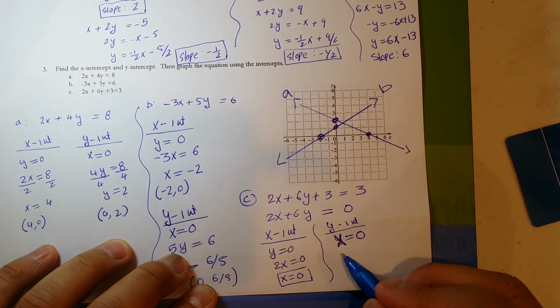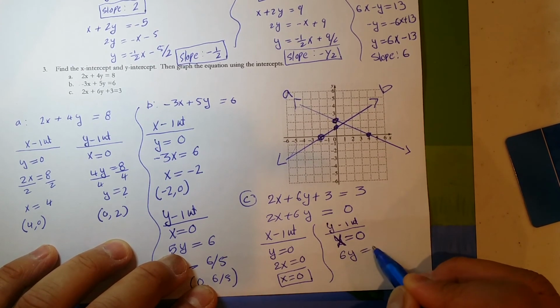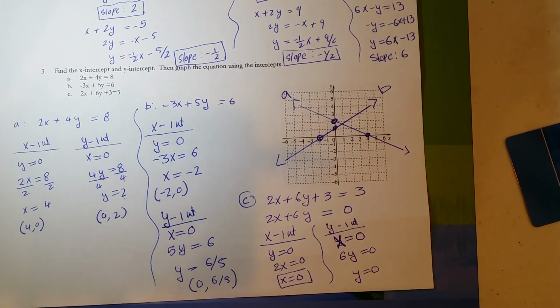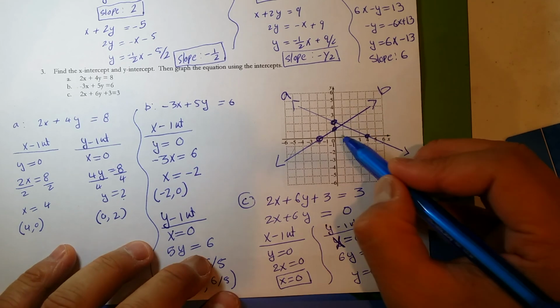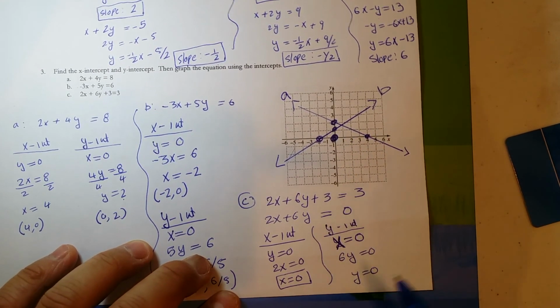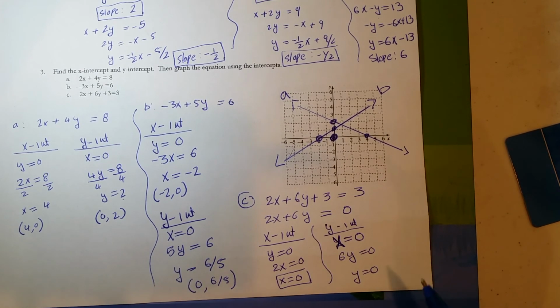You have 6y equals 0. So y equals 0. So this is one of the problems where graphing using the x and the y-intercept will not work. This is only true when the x and the y-intercept happen to be at the origin, which this problem is one of those problems. So for cases like this, you need to find another point that also satisfies the equation.